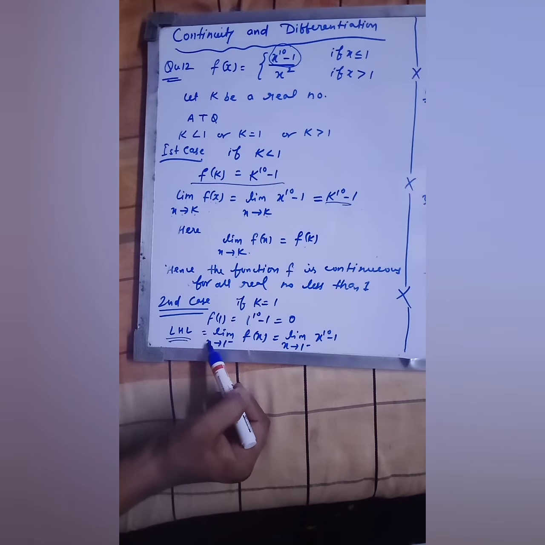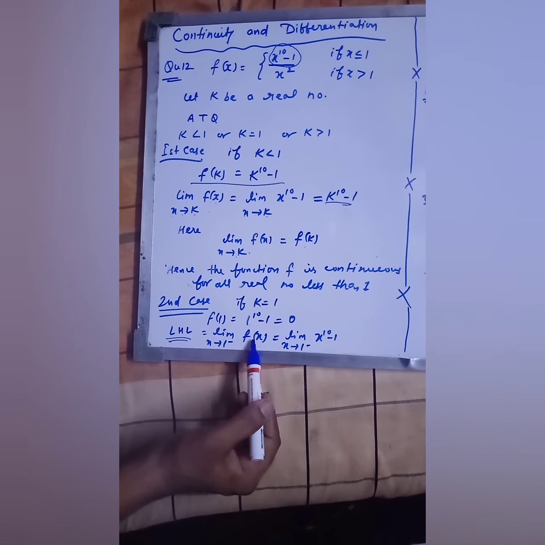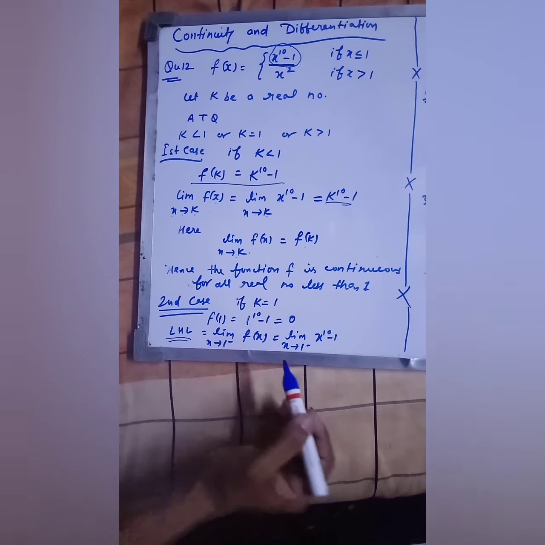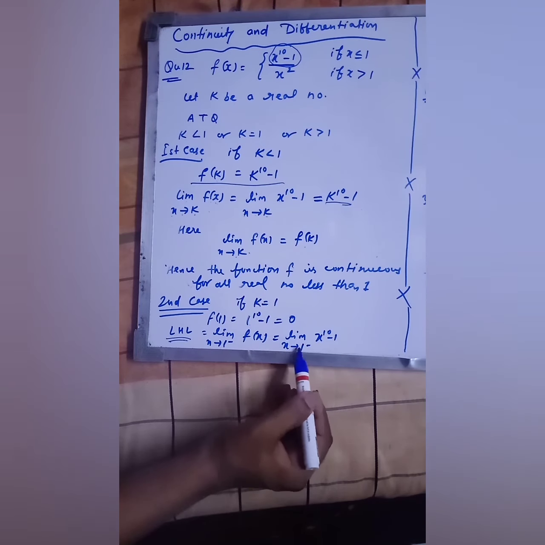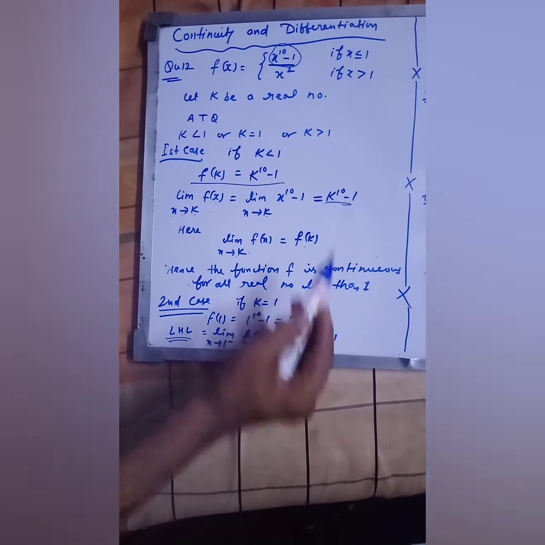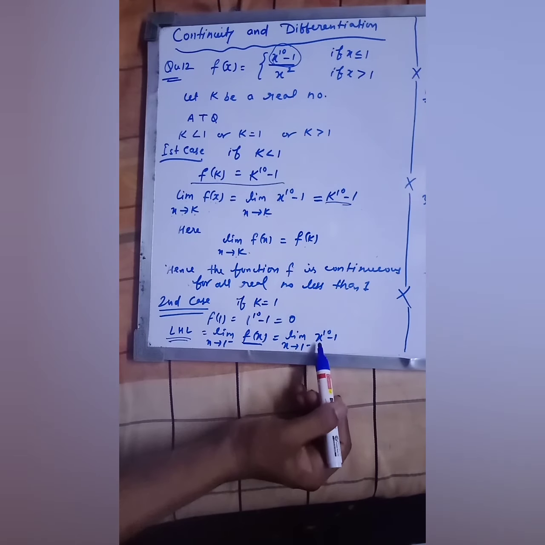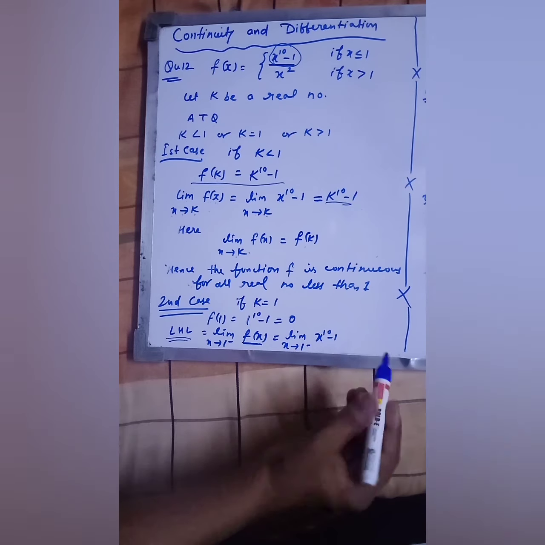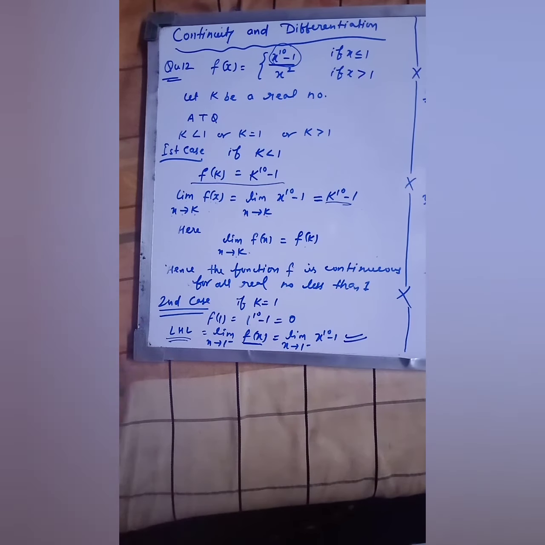You take the limit x tends to 1 minus of f(x), so your function f(x) will be x raised to the power 10 minus 1. Got it? Up to this step I think everything is clear.